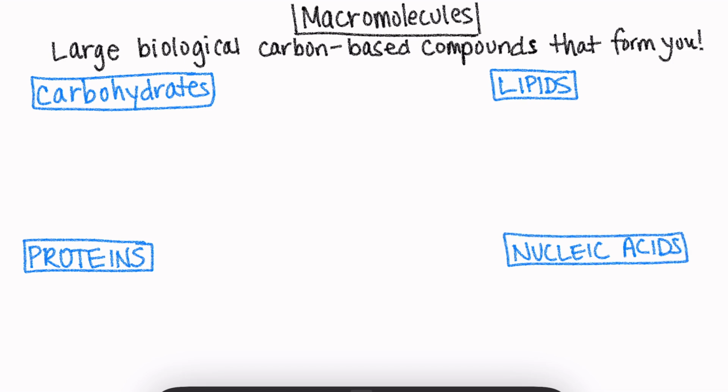The foods that we eat contain all four of these in different combinations. Carbohydrates are built from simple sugars. Lipids are built from fatty acids.